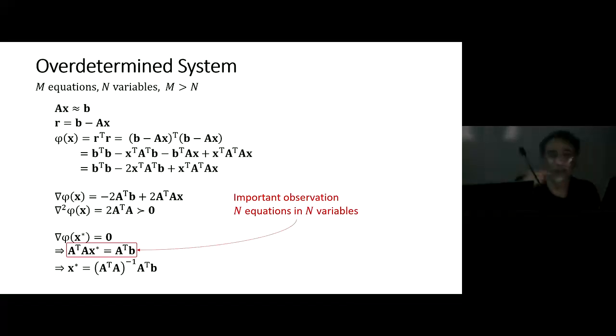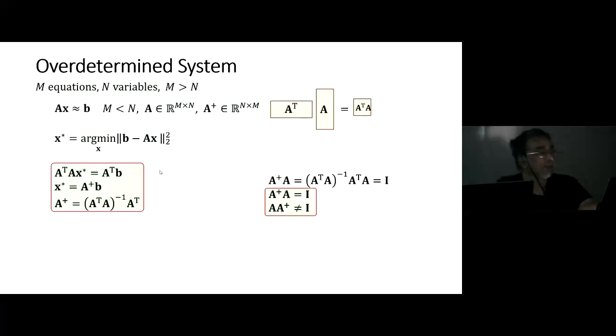We can take some other matrix B here, but then. So in this, since it has an infinite number of solutions, we are choosing the one which gives the least deviation. Exactly. I hope that answers your question. Yes. Perfect.